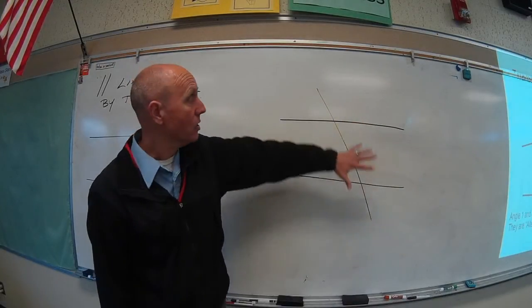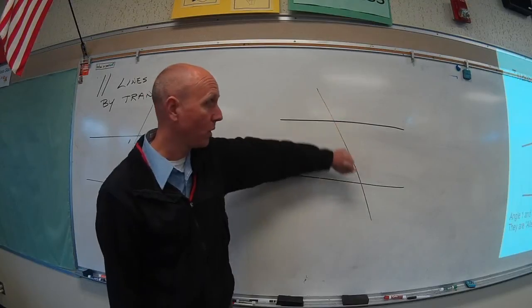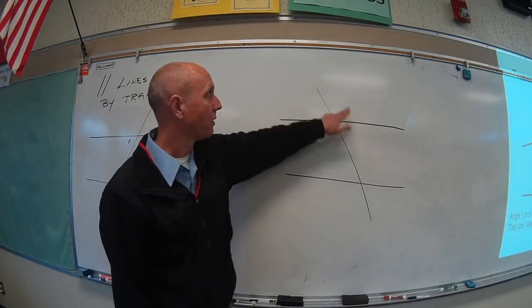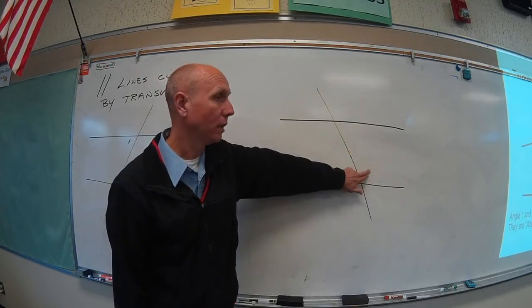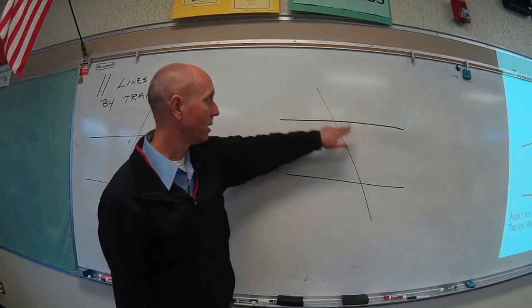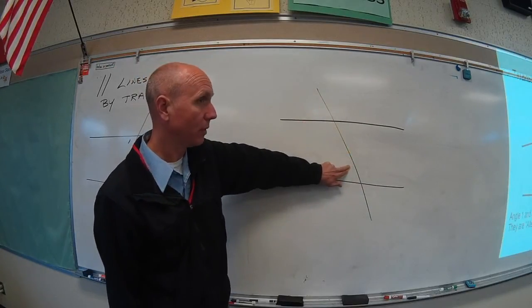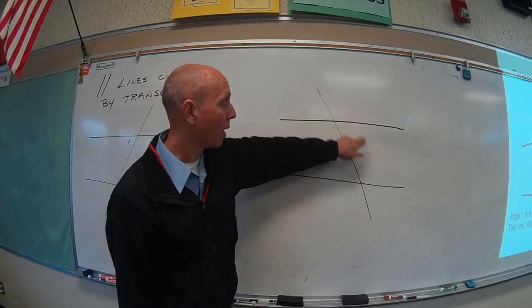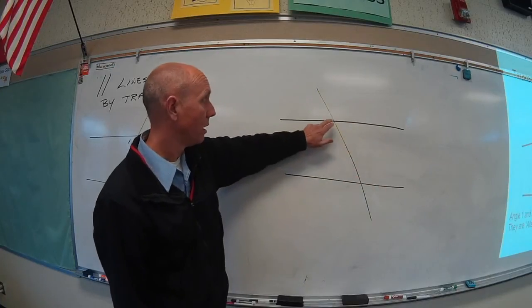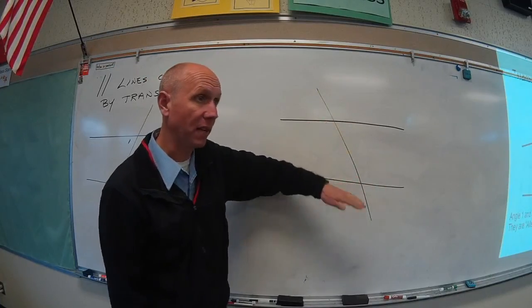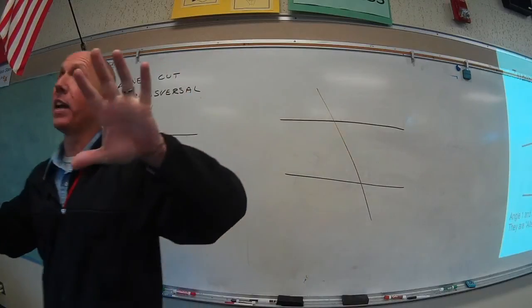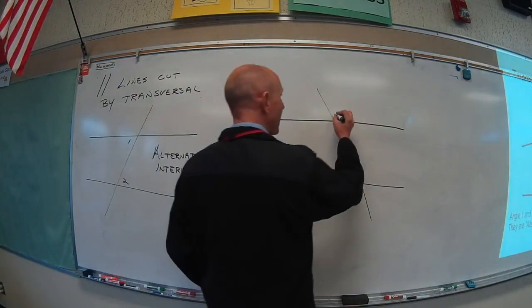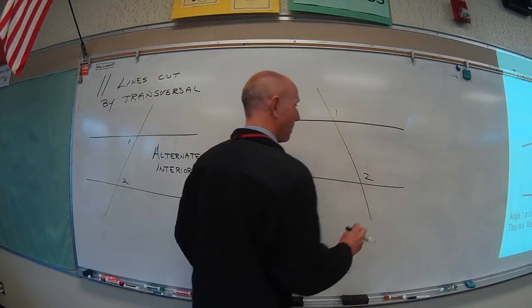Notice we kind of have this top group of 4 and this bottom group of 4. I've got upper right, upper left, lower right, lower left. If I look at those as 2 distinct groups of angles, this angle here and that angle there.